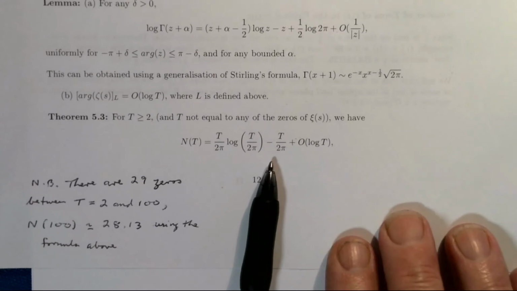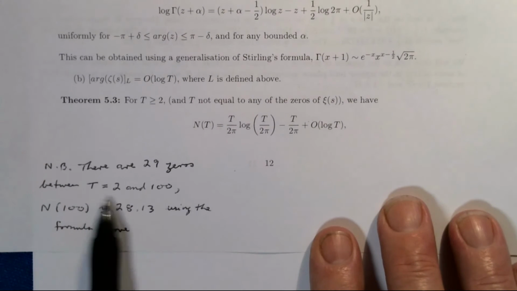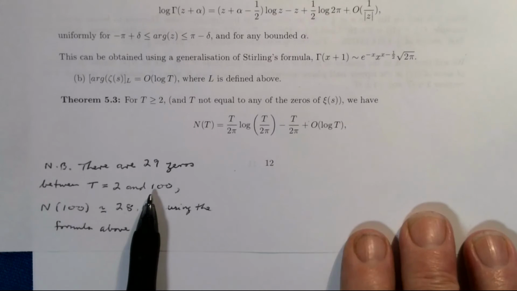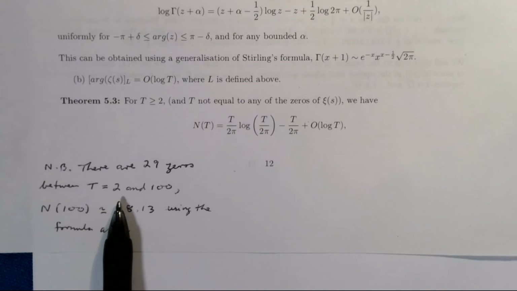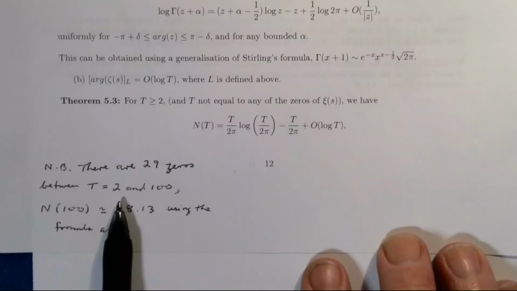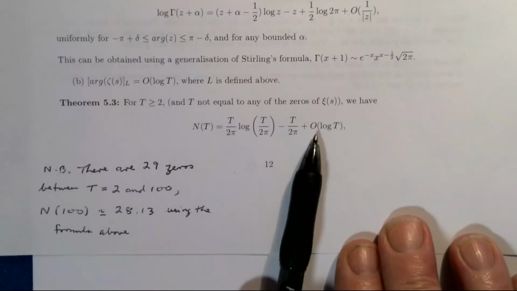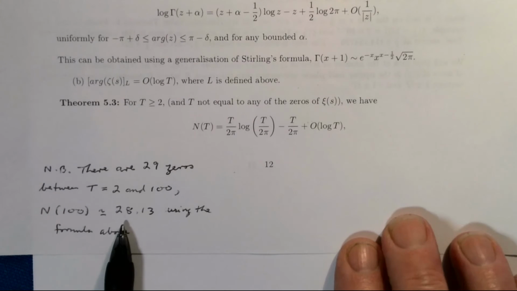Just to give you an idea how accurate this is, I put t between 2 and 100 and got the computer to find that there are 29 such zeros inside the rectangle between t going from 2 to 100. And if you use this formula, ignoring the remainder term, the error term, then n of 100 turns out to be about 28.13.